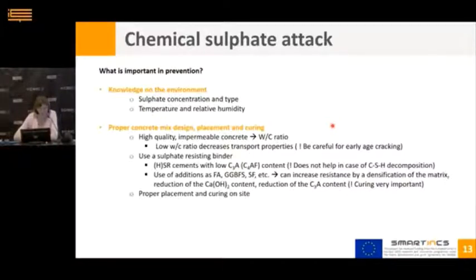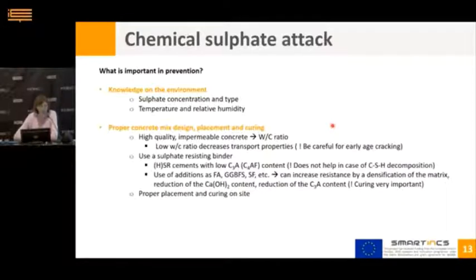The use of additions, fly ash, granulated blast furnace slag and silica fume were then considered. And we have seen that they can have beneficial properties regarding resistance to sulfate attack, as they increase the densification of the matrix.